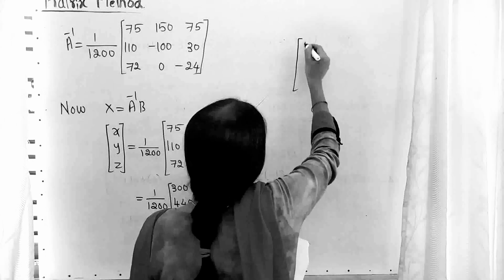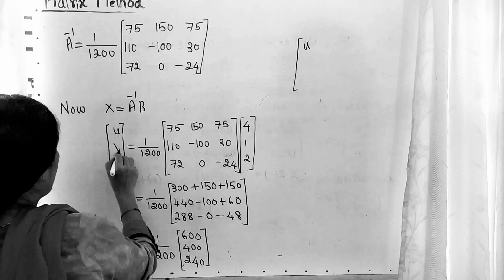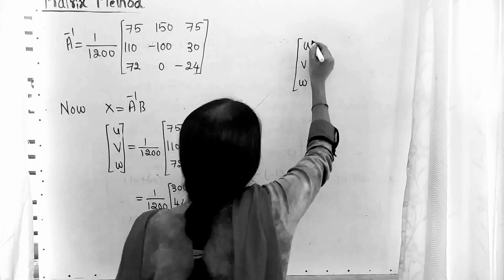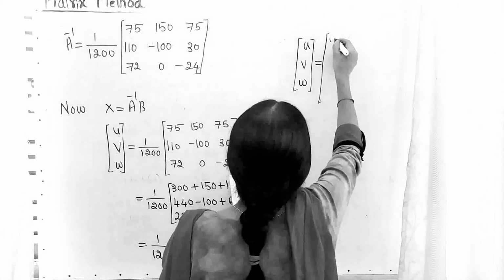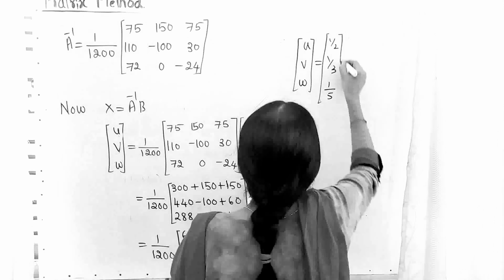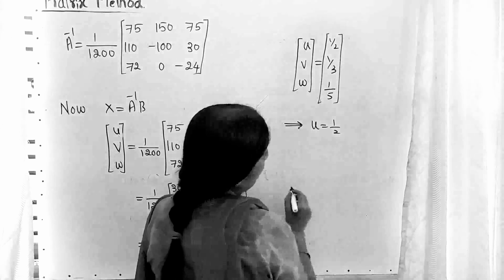So what is UVW, not XYZ. X is UVW, sorry. UVW is equal to 1 by 2, 1 by 3 and 1 by 5. So this implies U is 1 by 2. But what is U?